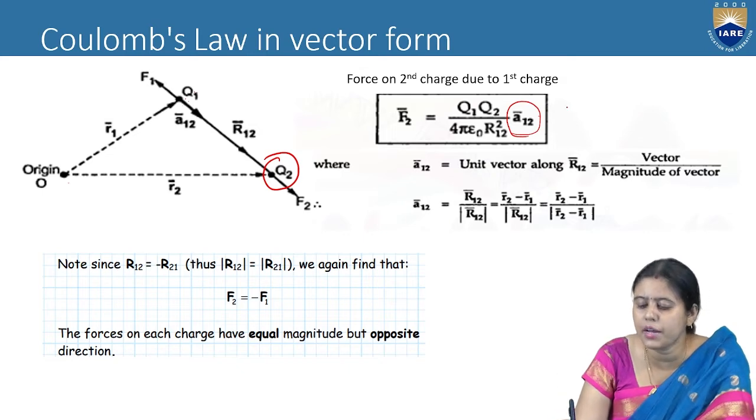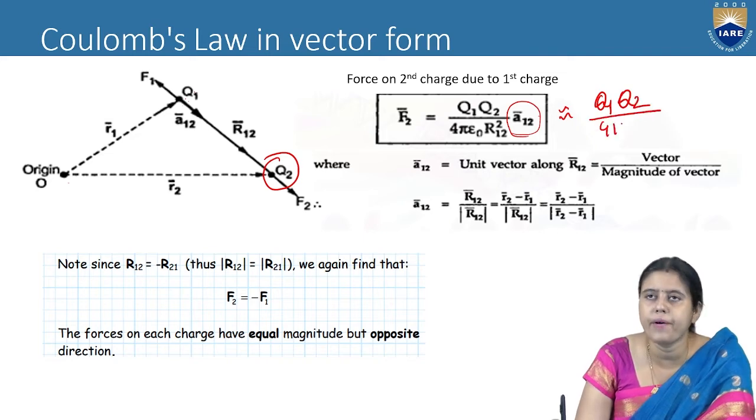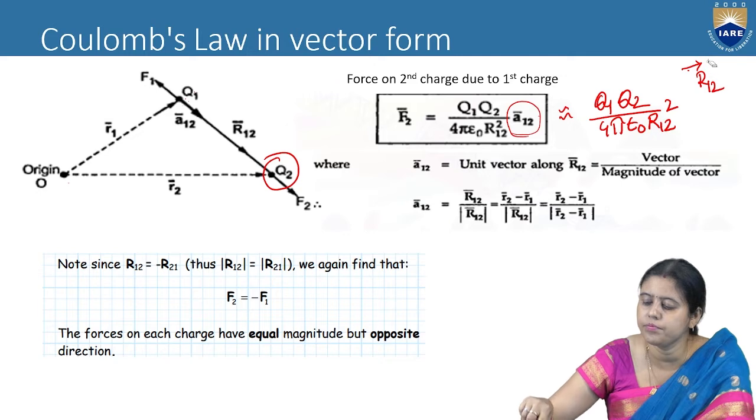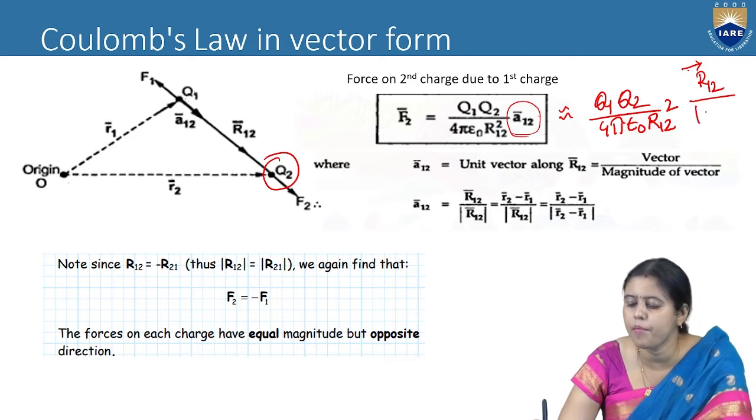So if we put the value, we can get Q1 Q2 over 4 pi epsilon 0 R12 square. Now in place of A12, we are writing the vector R12 divided by mod of R12.